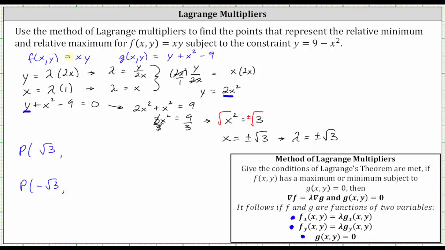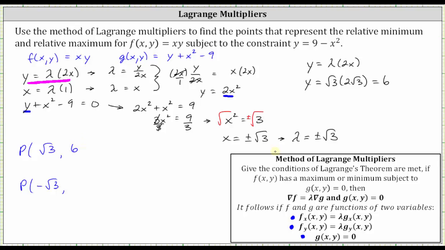And now let's determine y using this first equation here. Y is equal to lambda times 2x. So we have y equals, let's use positive square root 3 first. We have square root 3 times 2 square root 3. Well, square root 3 times square root 3 is 3. This part is equal to 6. So when x is positive square root 3, y is 6.